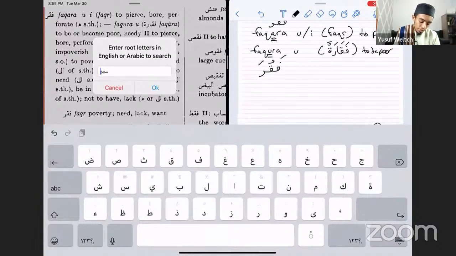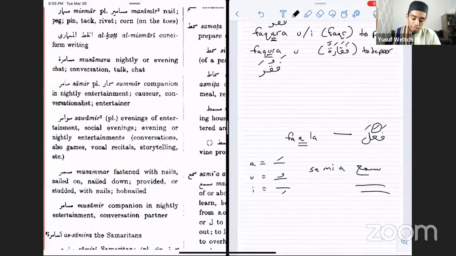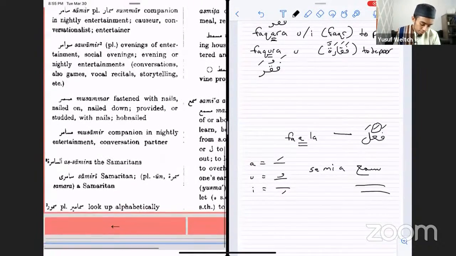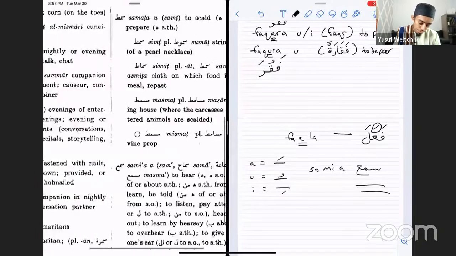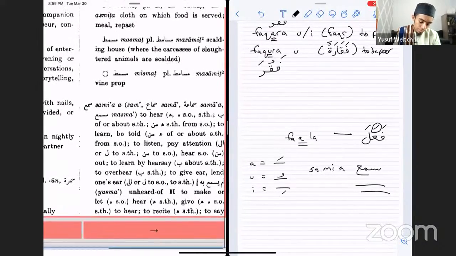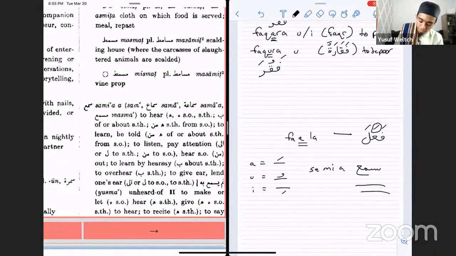Sami'a. Good. Why did you say sami'a instead of sama'a? Why the kasra on the middle letter? Because it's got an I after the M. Yeah. Good.